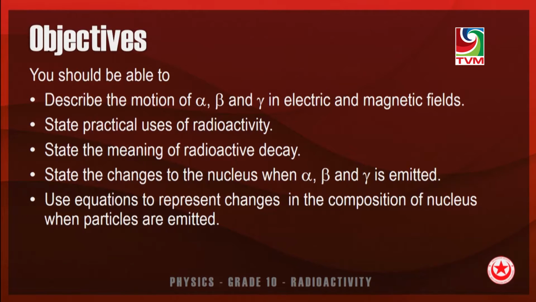Now we will focus on the objectives of today's lesson. By the end of this lesson, you should be able to describe the motion of alpha, beta and gamma in electric and magnetic fields, state the practical uses of radioactivity, state the meaning of radioactive decay, state the changes to the nucleus when alpha, beta and gamma are emitted, and use equations to represent changes in the composition of the nucleus when particles are emitted.